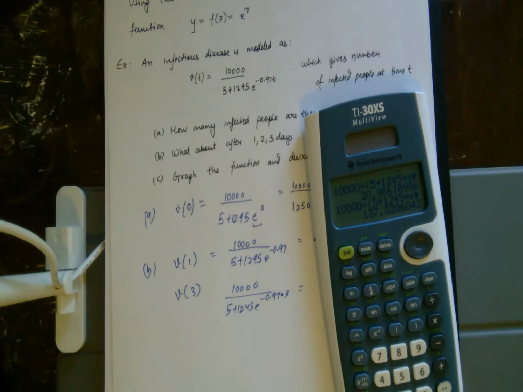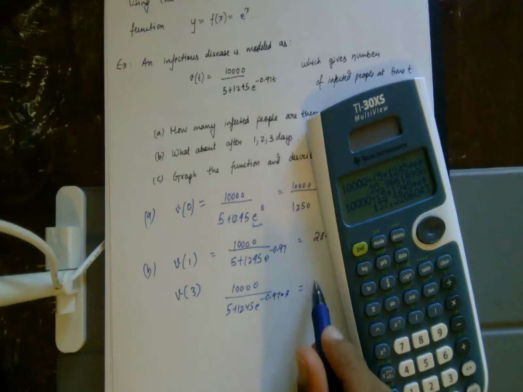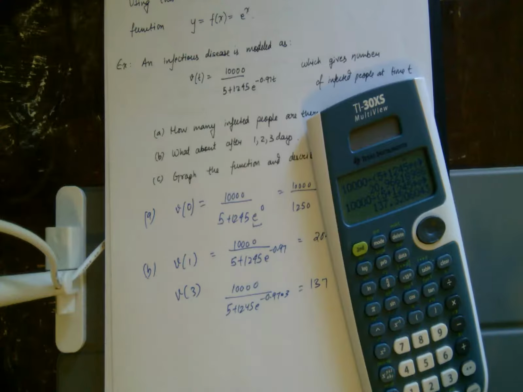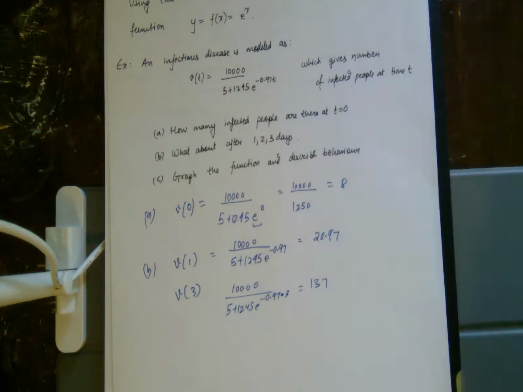That's crazy. So by day 3 you already have 137 infected people, which, since most epidemic models use e as a factor of spreading of infections, is not very surprising.